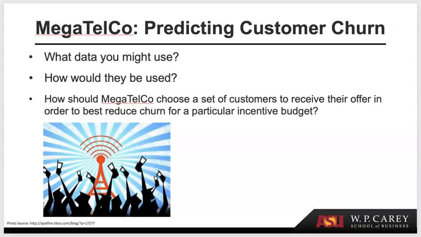And how should the company choose a set of customers when they conduct a customer churn prevention campaign? How do they choose a set of customers to receive their retention offer, for example, in order to best reduce customer churn within a particular sort of budget constraint, right?